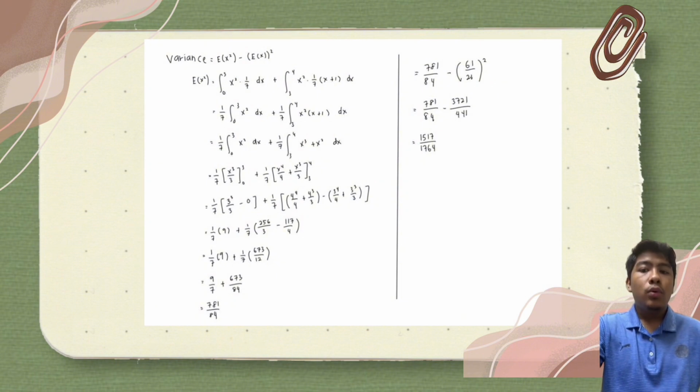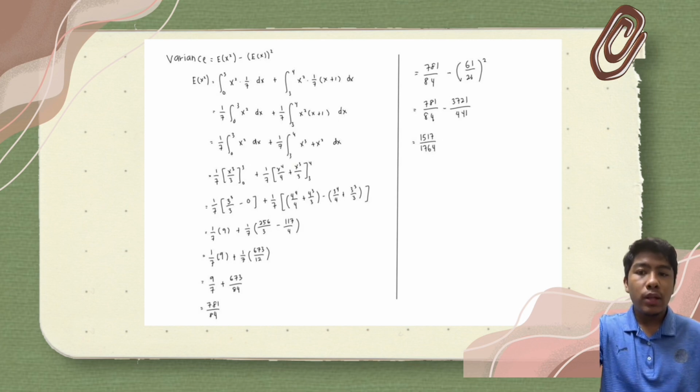And then 1 over 7 integral from 0 to 3 of x squared dx plus 1 over 7 integral from 3 to 4 of x cubed plus x squared dx. After that, we can integrate.